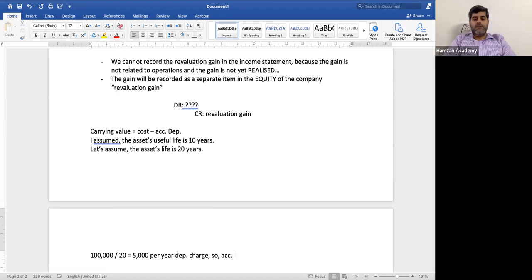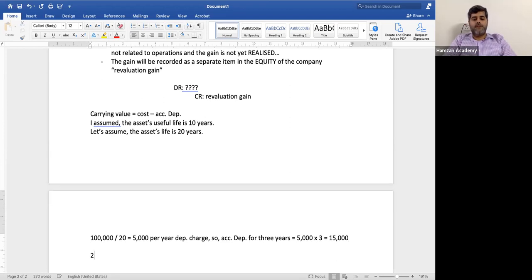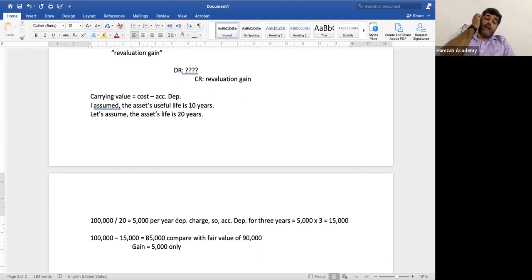So accumulated depreciation for 3 years is 15,000, and 100,000 minus 15,000 is 85,000. Compare with fair value of 90,000, the gain is 5,000 only. I've just changed the life from 10 to 20, and my gain has just dropped to 5,000 only.